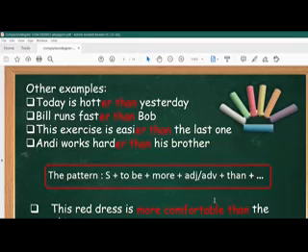Another type of words are monosyllabic, to which we add only "er" and "est" to make the comparative and superlative respectively. So remember that these things are very important.